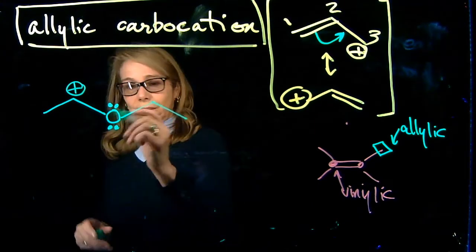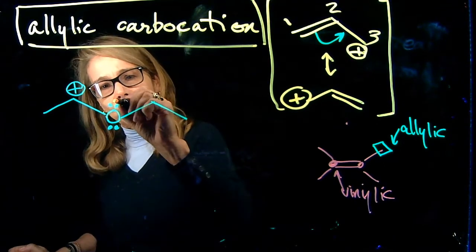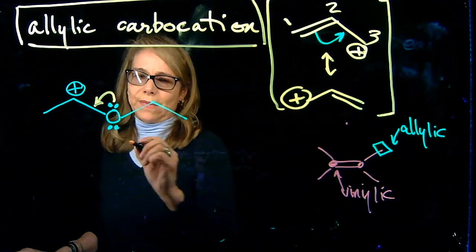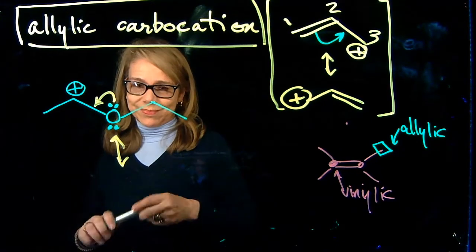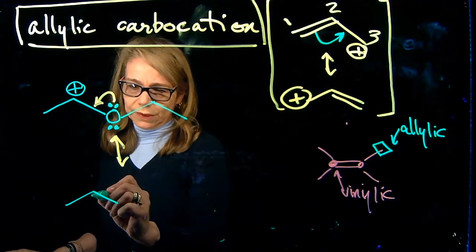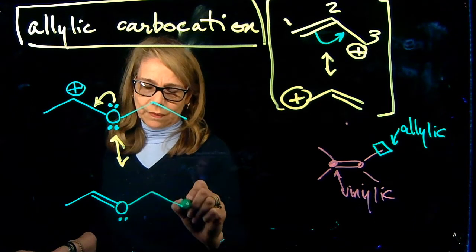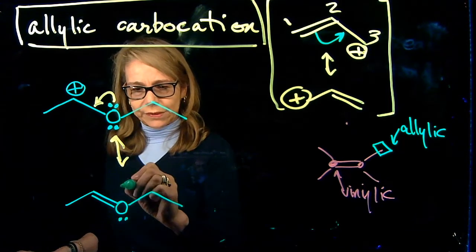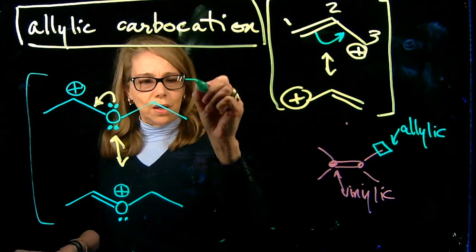When you recognize that pattern, you will do this arrow. And then the resonance structure that results from that movement is the following. Now, you will form a double bond here, and now this oxygen has 3 bonds and 1 lone pair, so it has a formal positive charge. So these are 2 resonance structures.